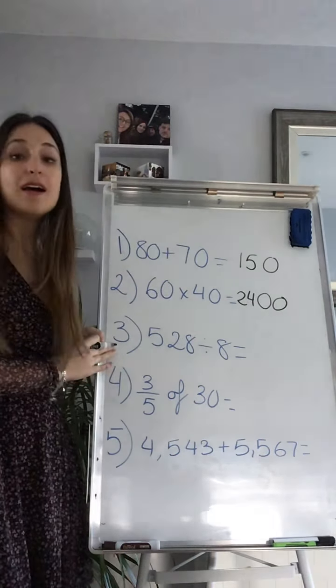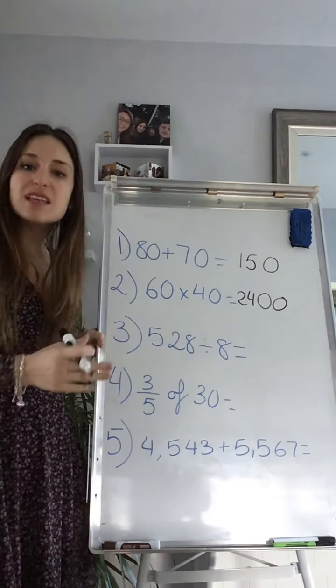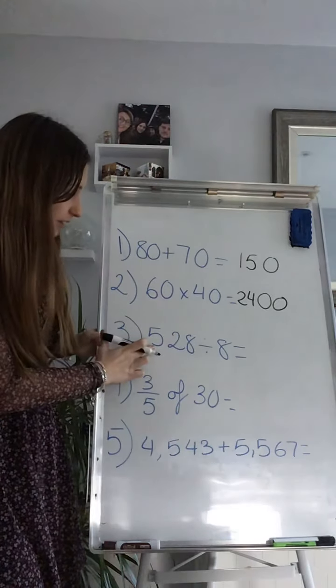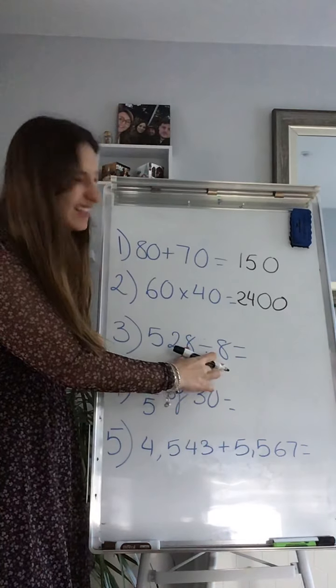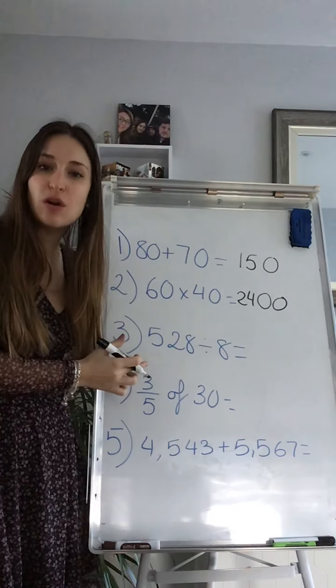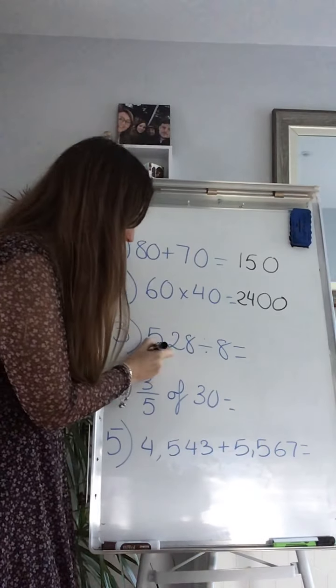Let's go to my third exercise, number 3, and I have a division there. I have a long division, but I can break it down. I can do 5 divided by 8. Can I do 5 divided by 8? I cannot, because 5 is smaller, so it will be a decimal number, and I don't want that. I'm going to take both of them.